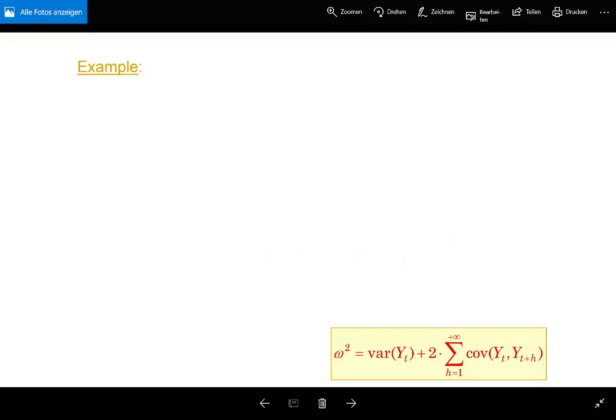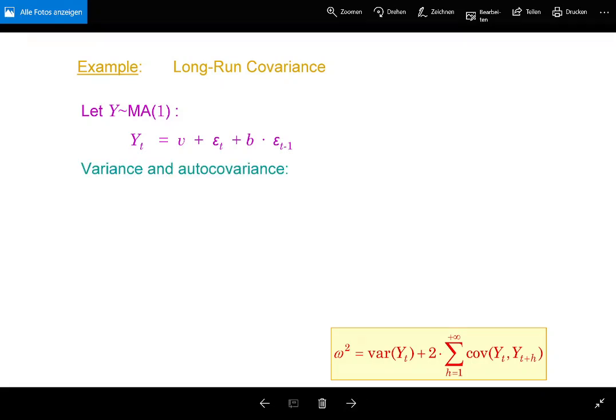That's a formula you might remember, and we were considering an MA(1) process. Now, a moving average process of order 1 would look like this. So that's the structure of the process, okay? And that resembles the processes that we were looking at. I would just add the variance and the autocovariances to it. The variance was 1 plus b squared times the variance of the noise.